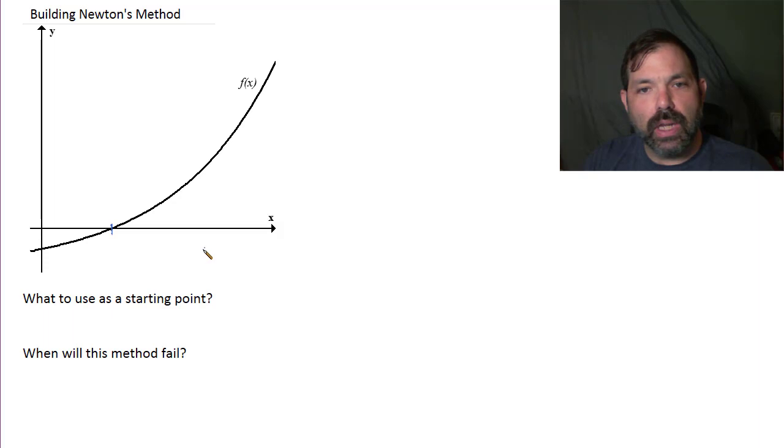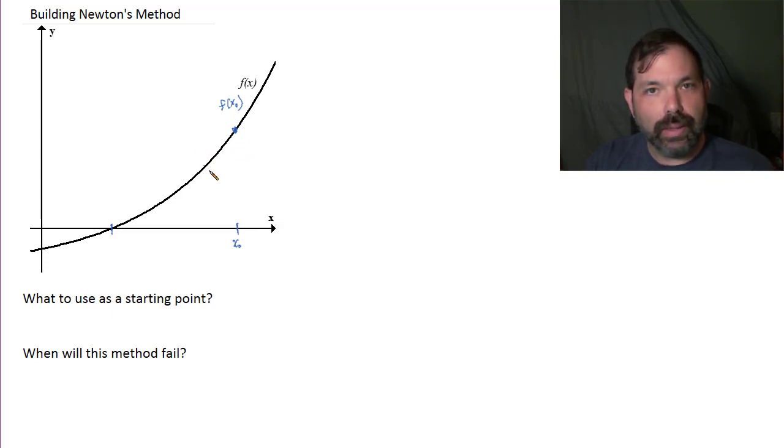What Newton's method says is, start with a guess. Let me call this mark right here my guess, x0. I calculate f of x0. So up here, this is f of x0.